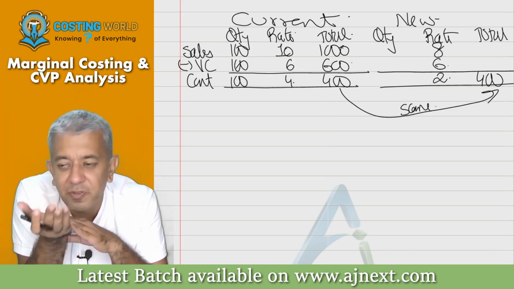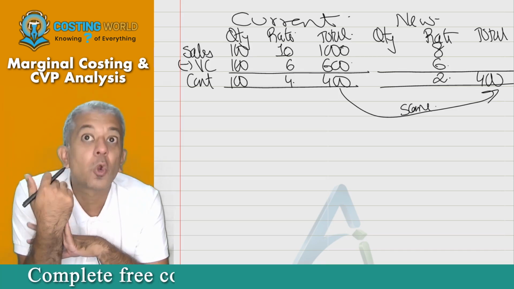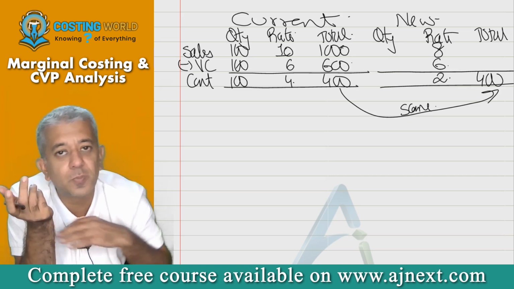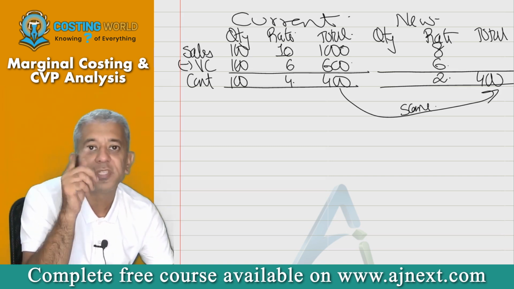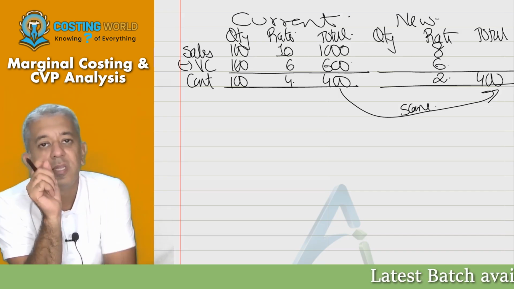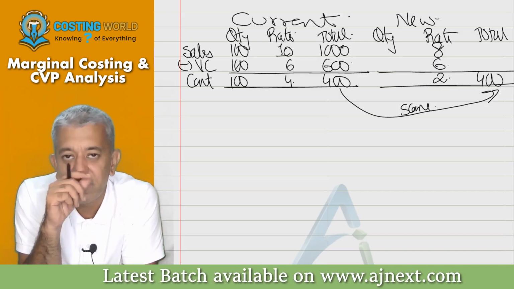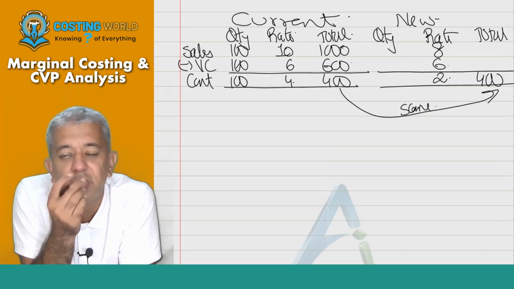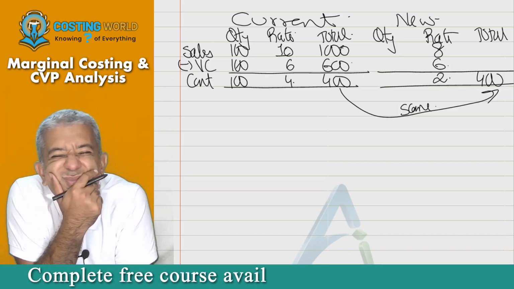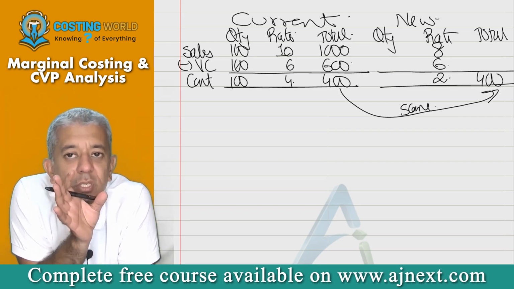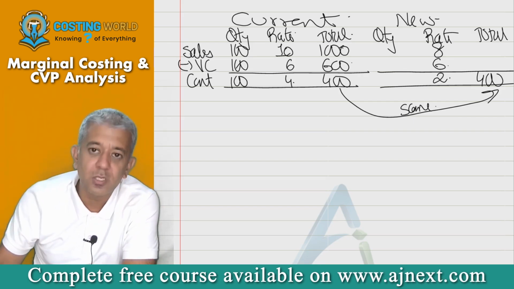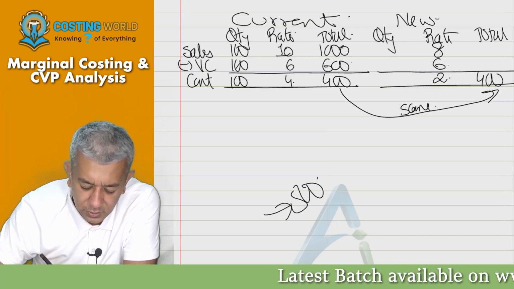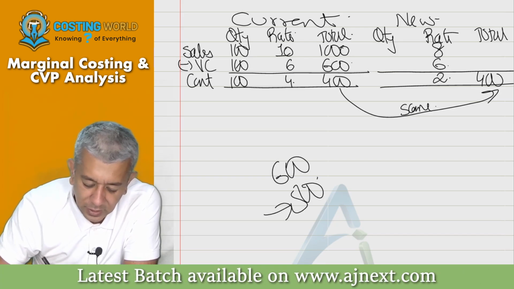Example, if I say my costs are rising, by how much should the selling price be increased so that it offsets the increase in cost? Can we say the intention must be to earn the same amount of profit? Example, my cost was 500 rupees, my selling price was 600.